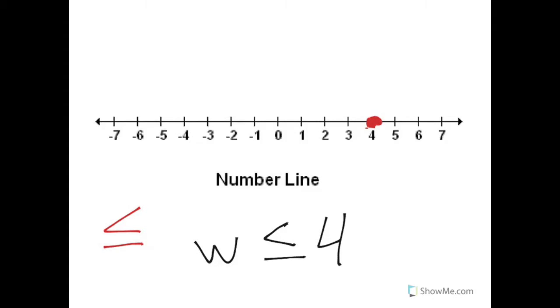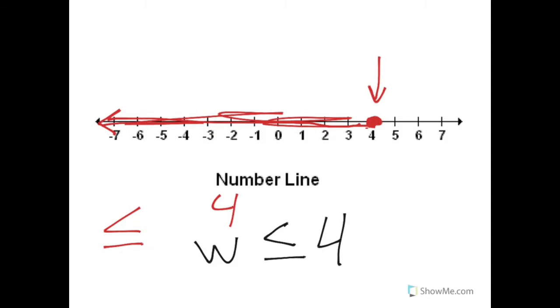Because 4 is equal to 4, it works. By having that fully filled in circle, the solid circle shows that 4 is one of the solutions. And then you would just go down the line, because all of these would work.